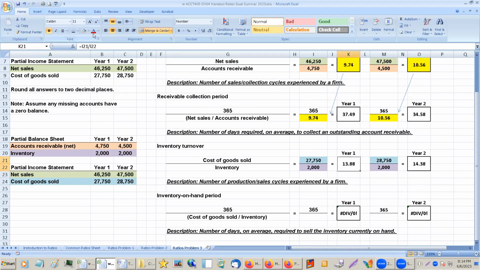And then just like the one up above, find out how many days worth of inventory you have. Oh, don't do that. I was teaching you guys what not to do.